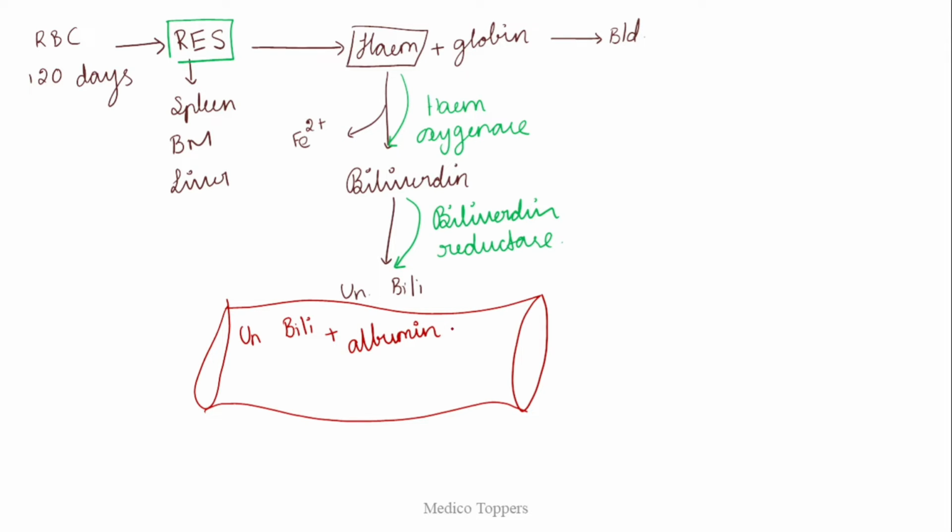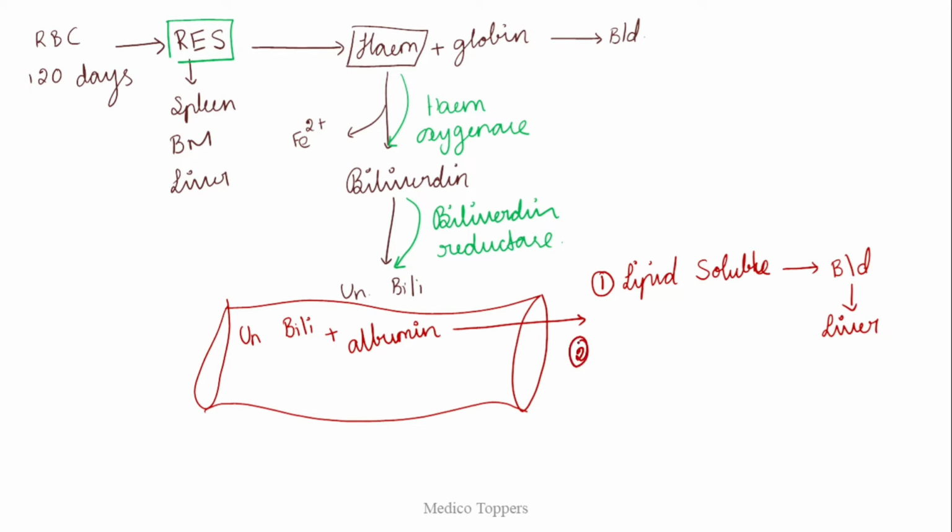We have two advantages because of this combination. First, this unconjugated bilirubin becomes lipid soluble. This helps in its solubility in blood so that it will easily enter into the next mechanism in the liver. This will help in the progress.